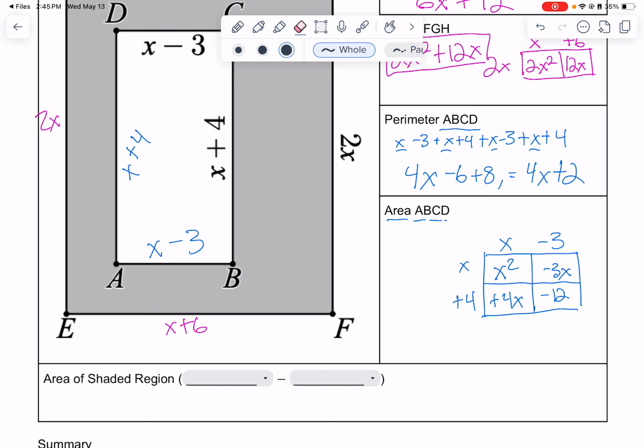So this area is going to be x squared plus 4x minus 3x minus 12. Put those two x terms in the middle. Those are like terms, and they can be combined. So I'll have x squared plus 1x minus 12.